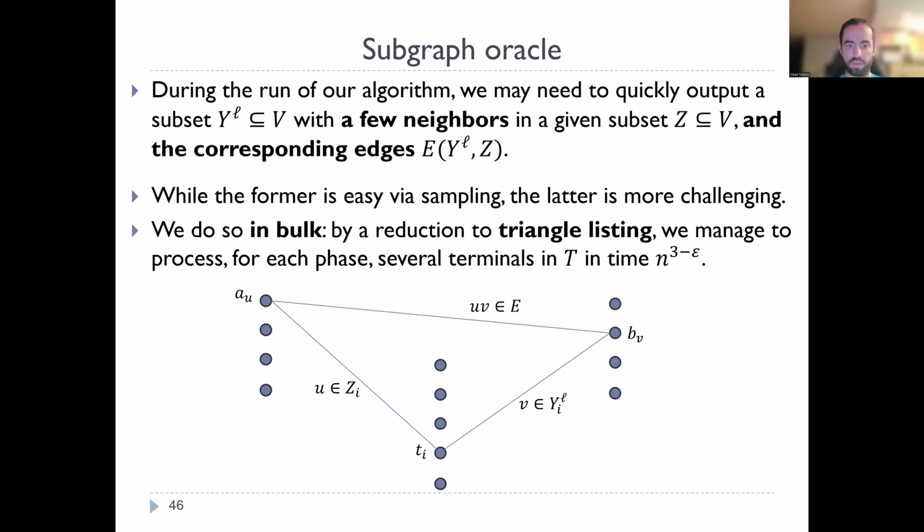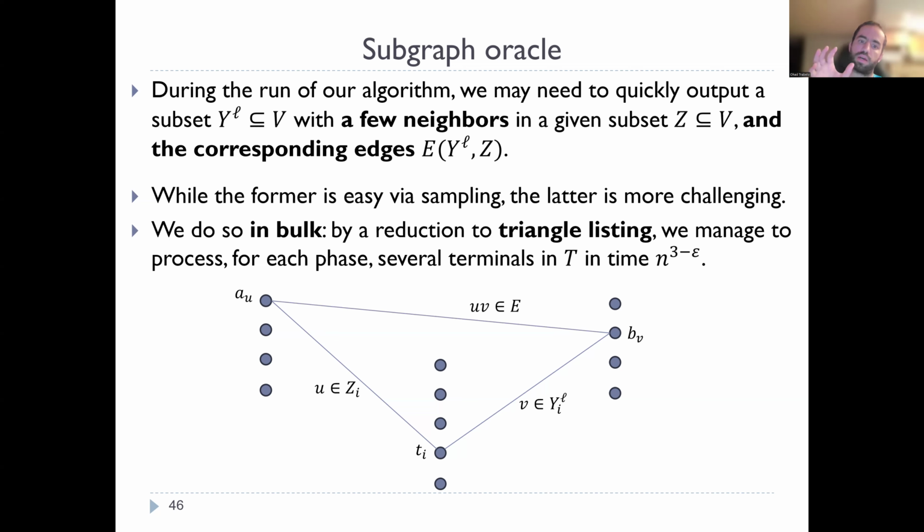At the bottom you have the terminals. So for the terminal TI, terminal TI is connected to BV if V belongs to YL. And then again, the terminal TI is connected to AU if U belongs to ZI, and there is an edge between AU and BV if the edge exists in the graph.